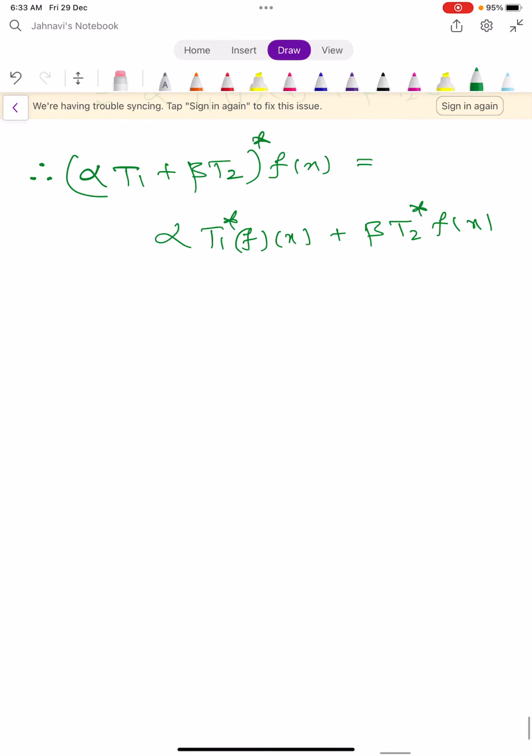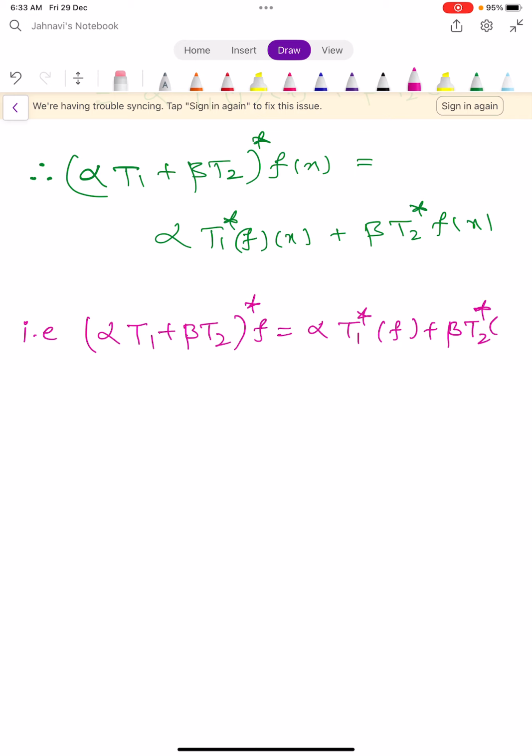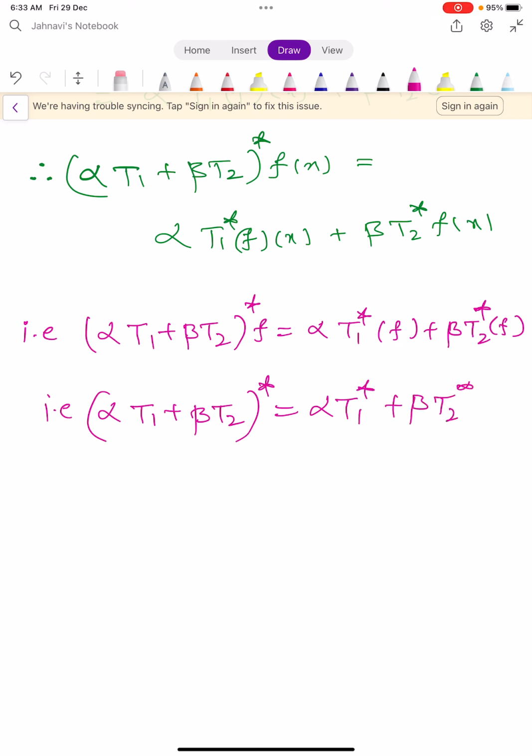So if you conclude this calculation like this: (alpha t1 plus beta t2) star of f is equal to alpha t1 star of f plus beta t2 star of f. This is nothing but (alpha t1 plus beta t2) star is equal to alpha t1 star plus beta t2 star.